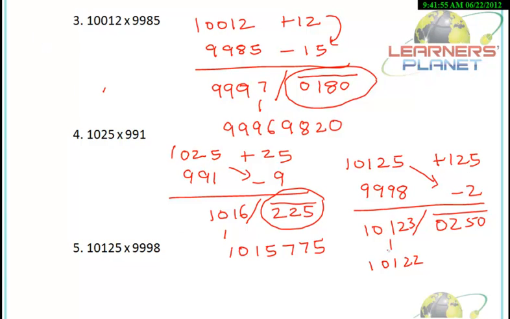So we'll be getting 9750. In two steps we are getting the answer. It's very simple friends. Just practice with the methods. You will really enjoy mathematics. You will start loving mathematics.